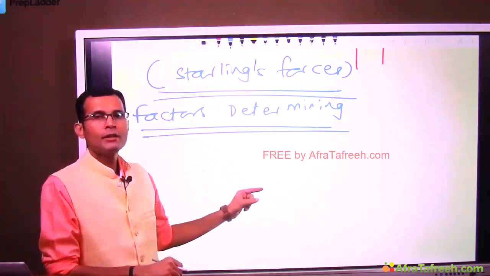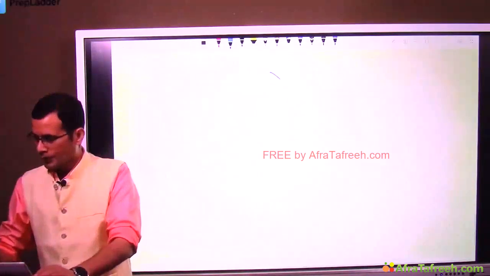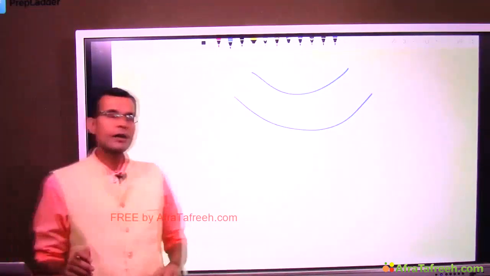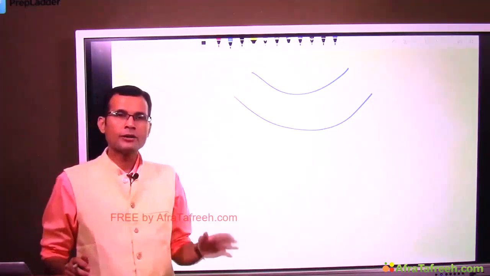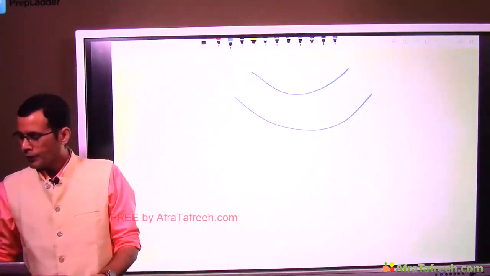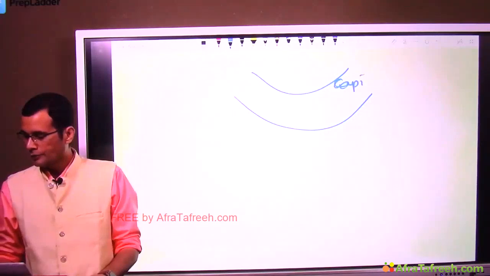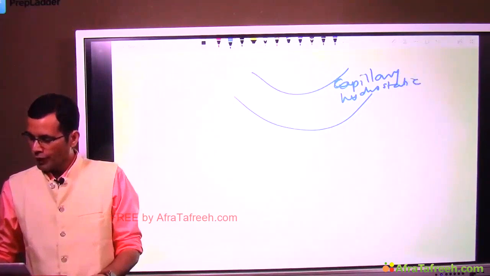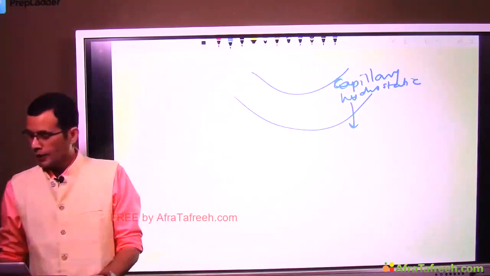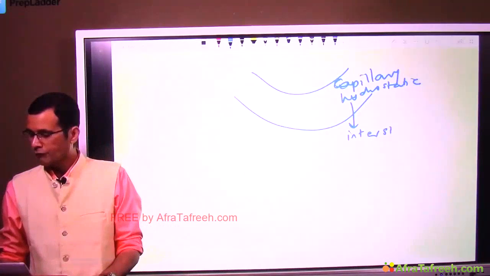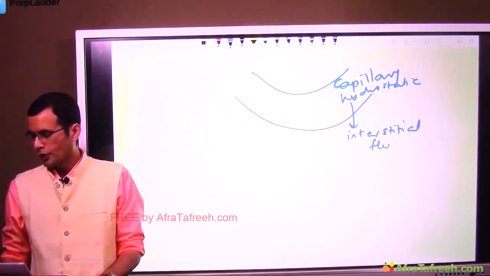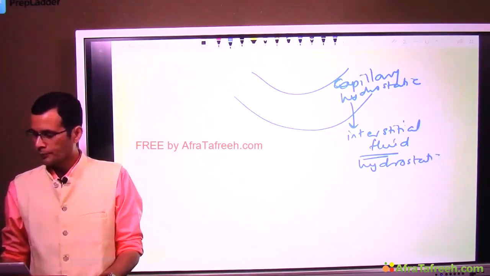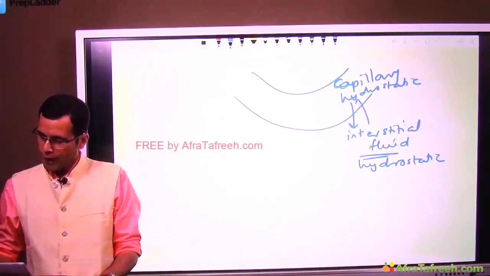If you remember, let me just draw it here. Let's say here is a capillary and any accumulated fluid exerts hydrostatic pressure. So we have capillary hydrostatic pressure, which will force the fluid out of the capillaries. But outside the capillaries there is interstitial fluid, which is also an accumulated fluid, so it will exert interstitial fluid hydrostatic pressure, which will force the fluid back into the capillaries.